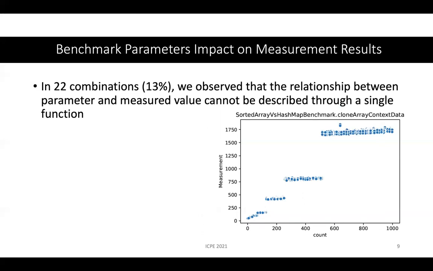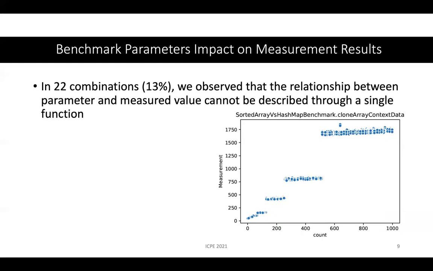In 22 combinations, which constitute 13%, we observed that the relationship between the parameters and the measured value cannot be described through a single function, as there are one or multiple discontinuities where the distribution changes. Most frequently, this takes the form of a step function.